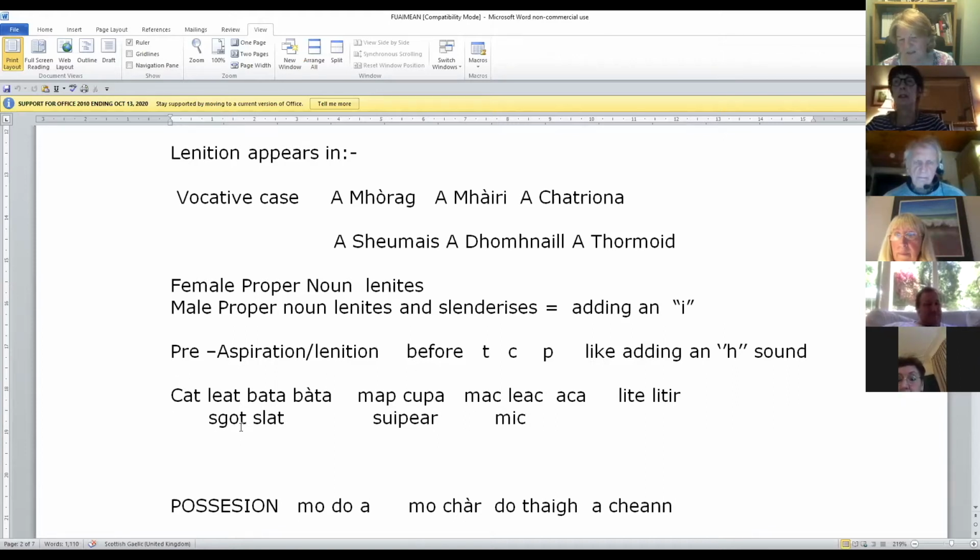Caroline, try this word, Scott. Scott is what we say in English, but I'm asking you to put an itch sound in front of the T. Well done, good try. Mark, slacht. Well done. Pauline, slacht.